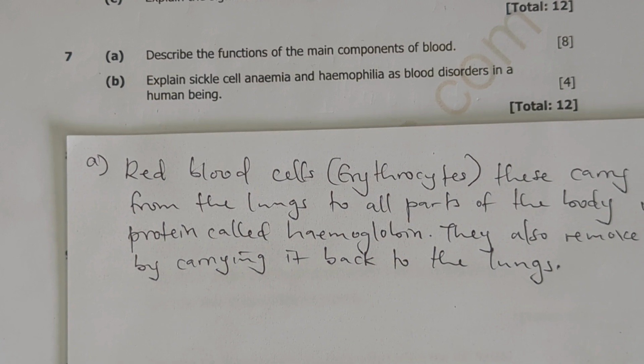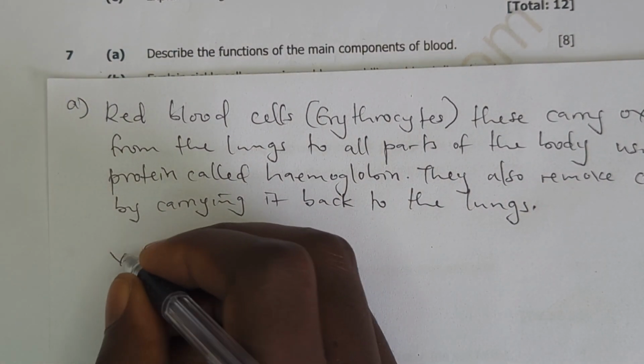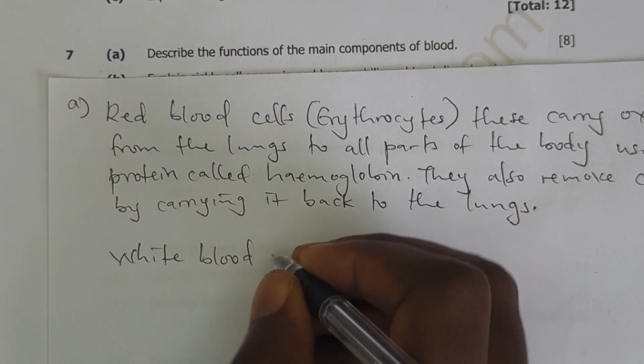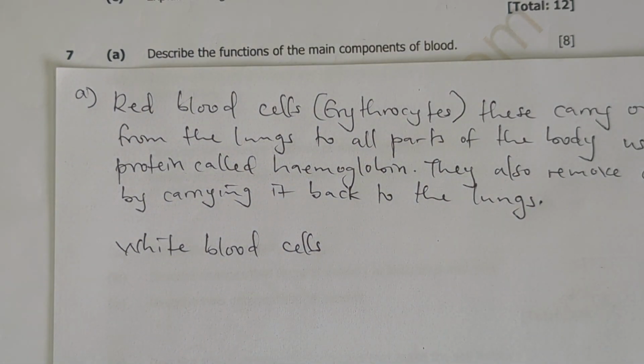The other component, it is white blood cell. White blood cells, the other name for white blood cells, these are also called leukocytes.